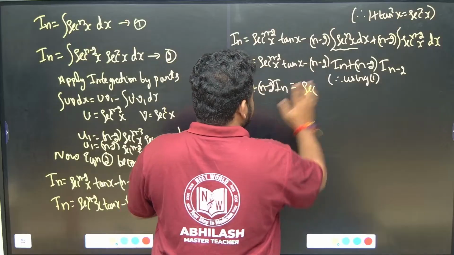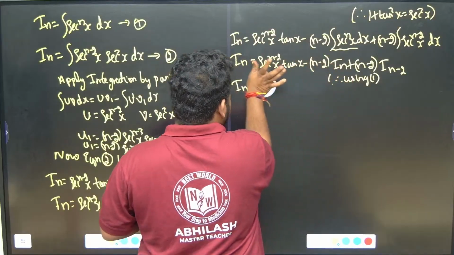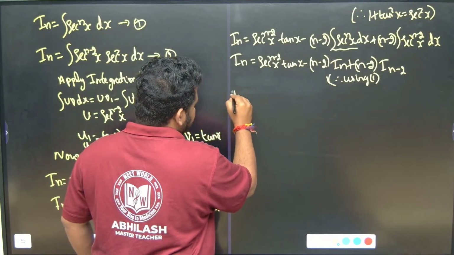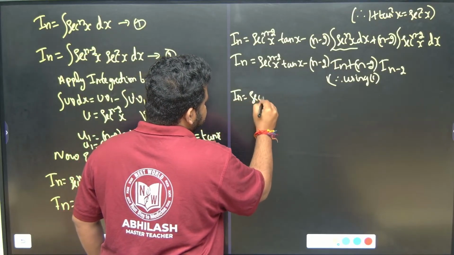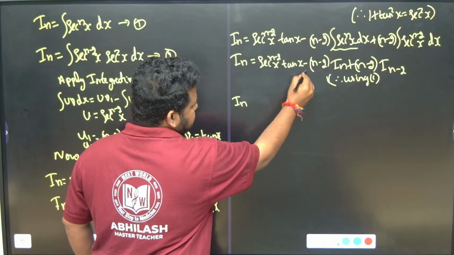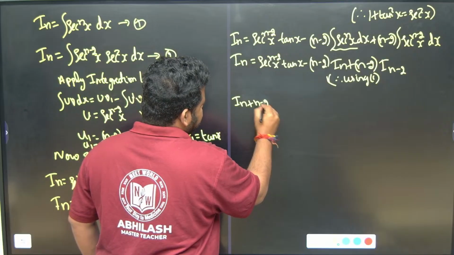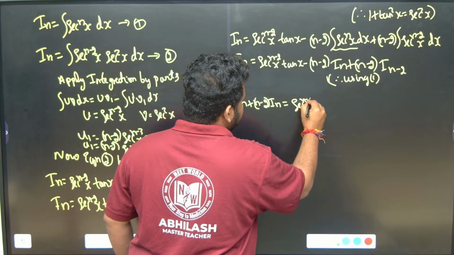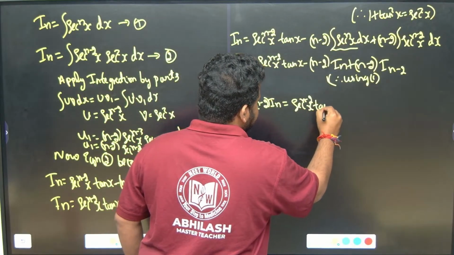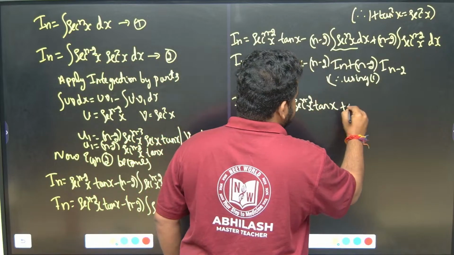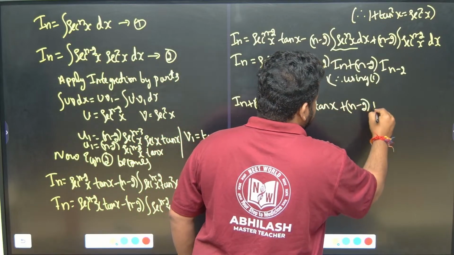Okay, so here next step, let me write it here. Write neatly. So this will become what? In is equal to secant n minus 2 x tan x, if I bring it to LHS, minus will become plus, plus n minus 2 times In is equal to secant n minus 2 x tan x, plus n minus 2 into I n minus 2.